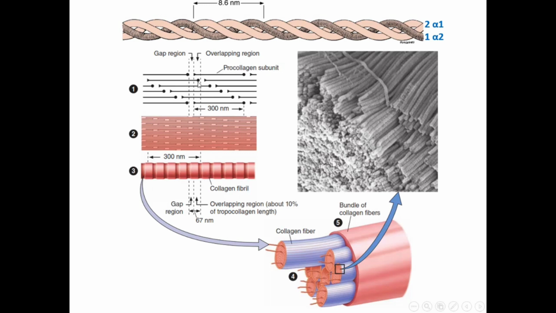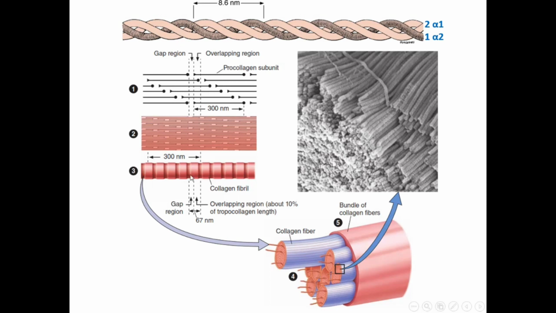This depression is because of the gap between the collagen molecules, and the repetition of these gaps makes the depression on collagen fibrils. Then we have assembling of collagen fibrils to make collagen fibers, and assembling of collagen fibers makes a bundle of collagen.